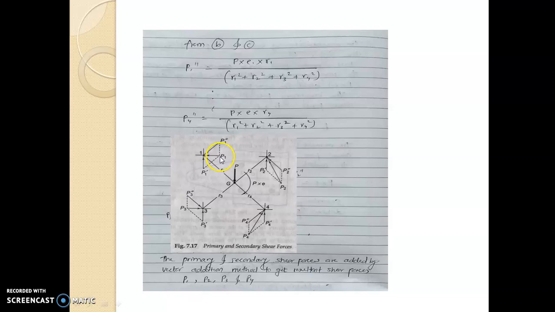As our actual force P is here, the reaction force at bolt 1 will be in this direction, negative x direction. The reaction force at the second bolt will be in the upward direction, at the fourth bolt upward, and at the third bolt it will be in the positive x direction.